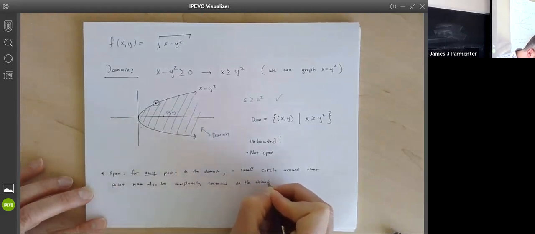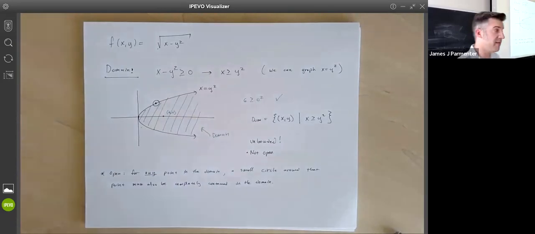The circle can be as small as you want it to be. It does have to have a positive radius, though. It can't have a radius of 0.